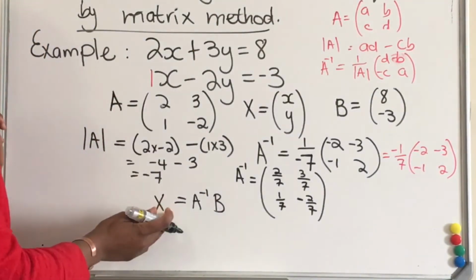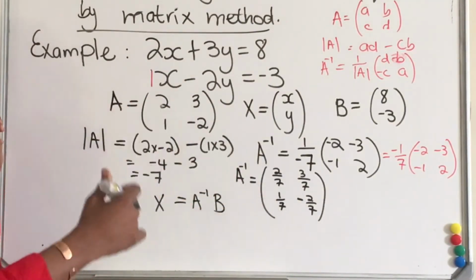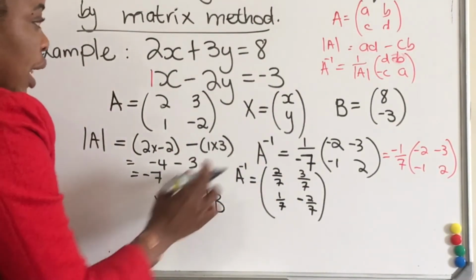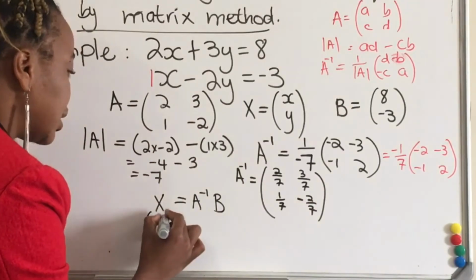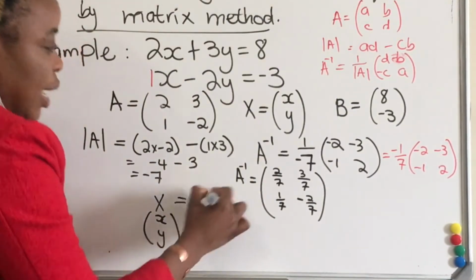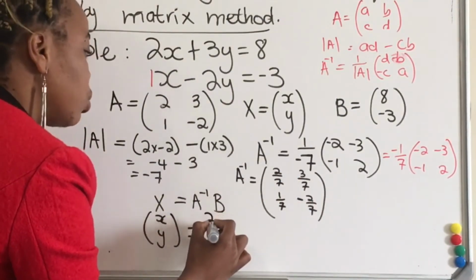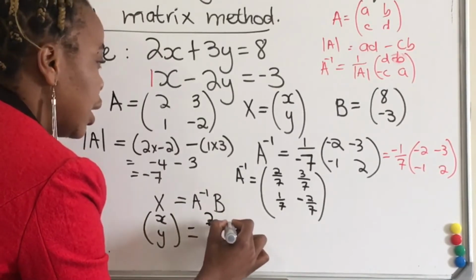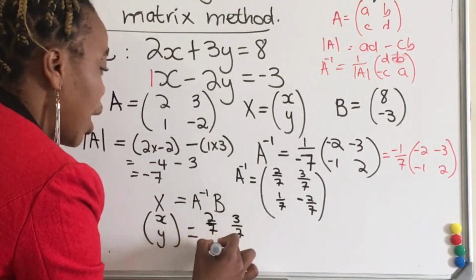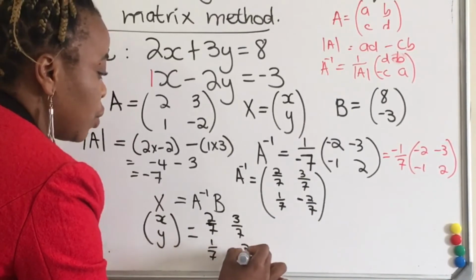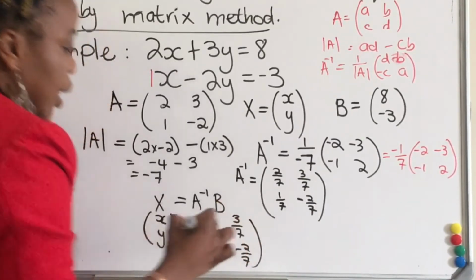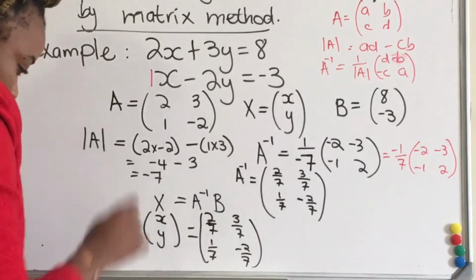So I have to use this formula to get my x and y. Now I'm just going to substitute. I know that x represents x and y, and then I have my inverse: 2 over 7 and 3 over 7, 1 over 7, and negative 2 over 7. Now I have that, so I'm going to continue on top.